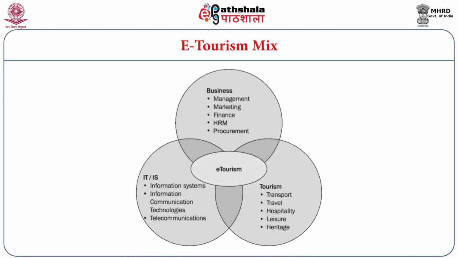E-tourism mix consists of businesses, tourism, as well as ICT technologies. So business functions such as management, marketing, finance, HRM, procurement, these are all the different functions of business, which when combined with a tourism operator or tourism industry, which has transport, travel, hospitality, leisure, catering, when all these are performed using information and communication technologies such as information systems, ICT technologies, telecommunications such as internet, this combination altogether forms the e-tourism.